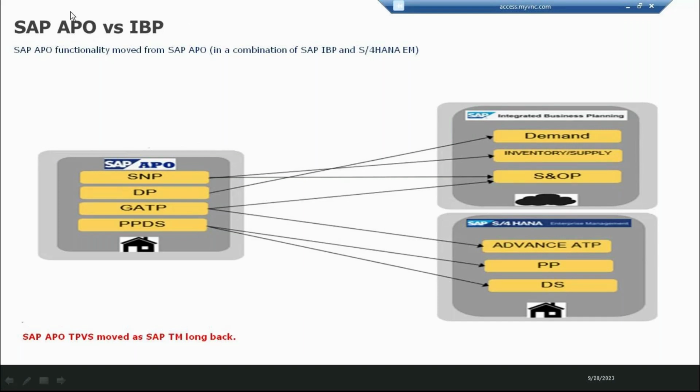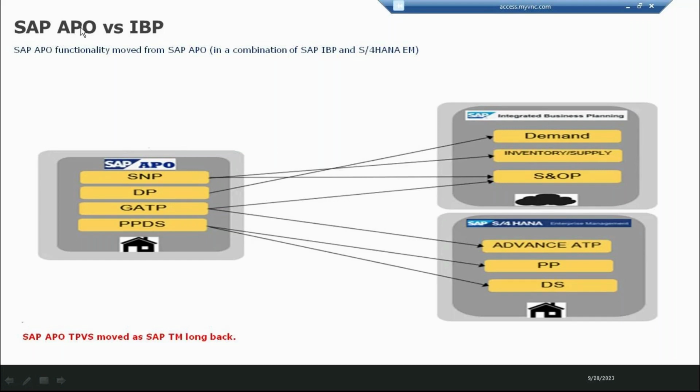This was developed in the 90s by SAP for supply chain management. Now they understand that technology is changing, expectations are changing, and people expect different functionalities. They understood that this tool is not going to be competent in the future, so they are retiring this tool and have introduced this new tool in the market.